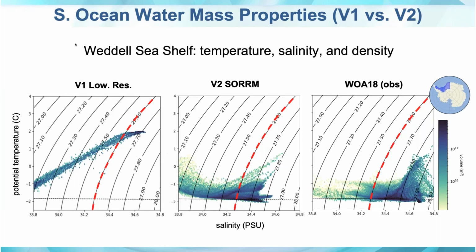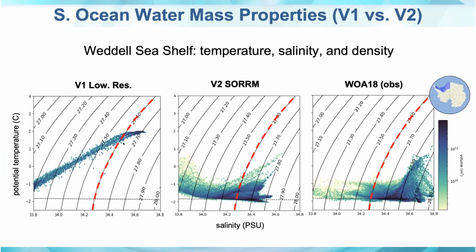Another way to think about that is to look at a temperature and salinity plot. As you go down to the lower right on these plots, the water masses get denser. What we have going on the shelf is a battle between warm and dense water and cold and dense water. If the water on the shelf is not cold and dense enough, then it gets displaced by very warm water off of the shelf, which promotes melting and leads to this positive feedback.